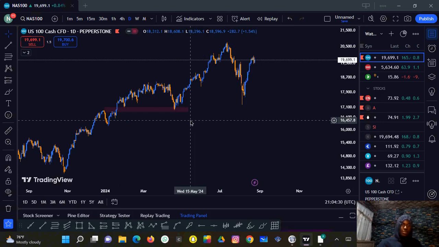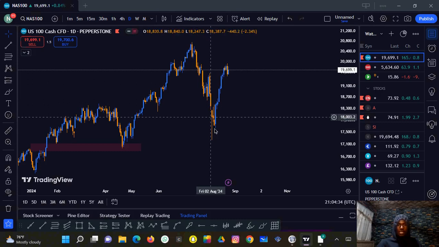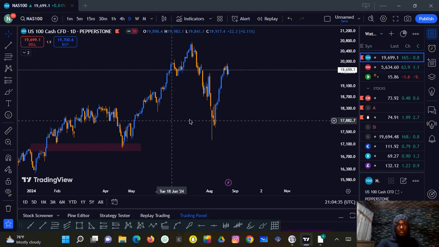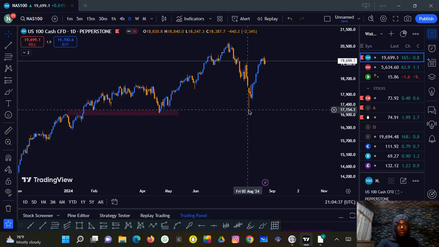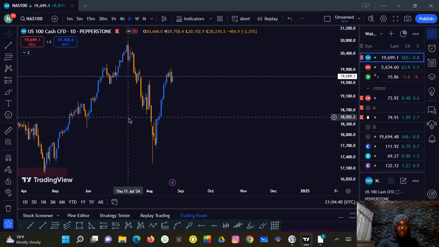So as we are anticipating a drop in the interest rate, it is likely that the stock is going to continue up. So what are we looking out for?